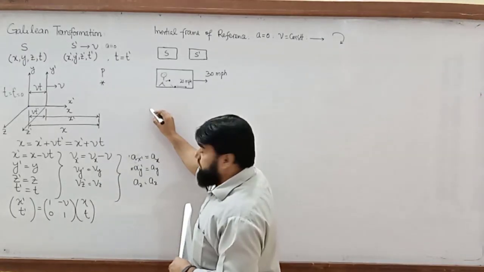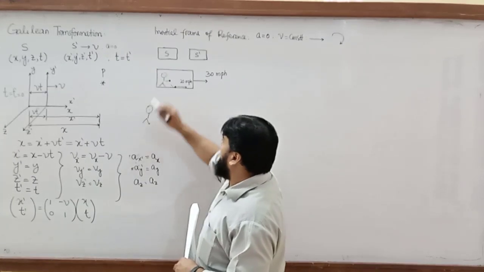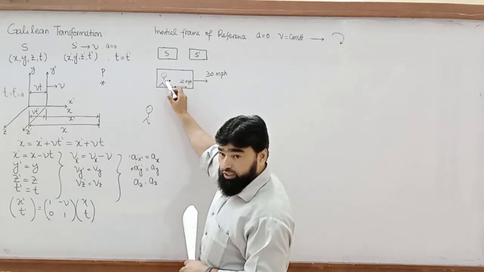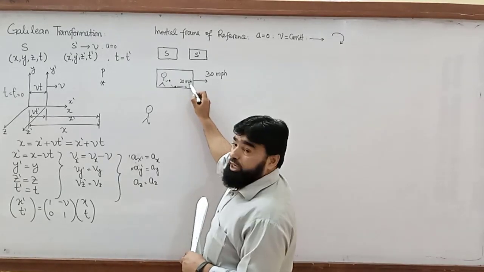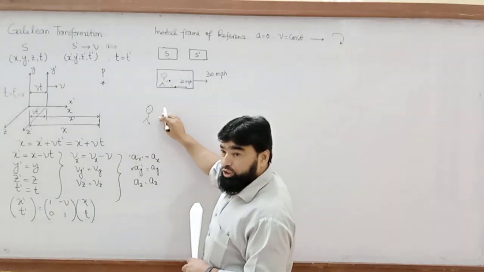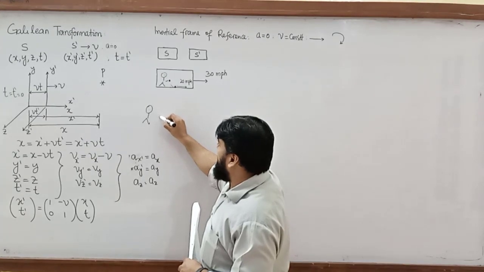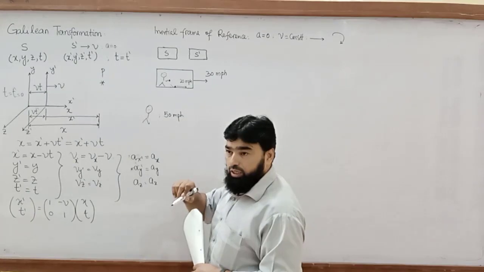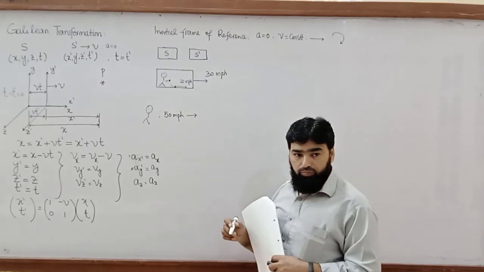This observer will say, I'm stationary because this is a constant speed and the ball is moving at 20 mph. What this observer will say, who is stationary with respect to the ground, is that the ball is moving at 50 mph in the direction in which the frame is moving.